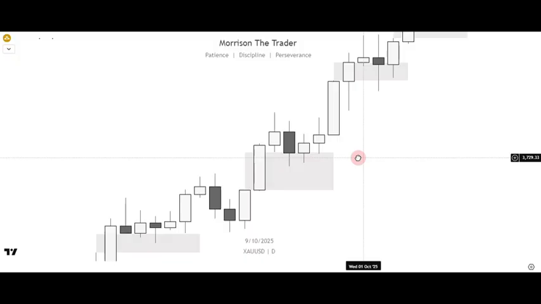Do you get it? It can. Doesn't mean that it should always do that, but it can. So you can use a fair value gap as a confluence, right? When the market is moving higher, you expect the fair value gaps that price is creating to move price higher too.